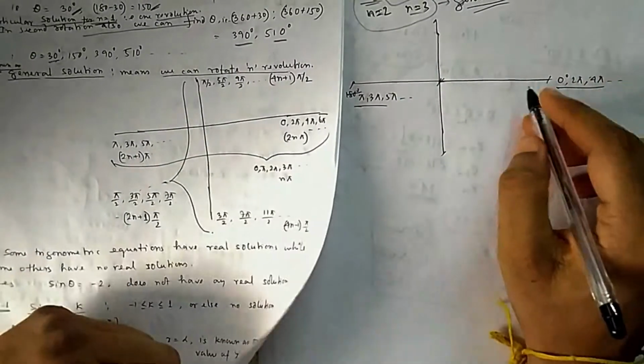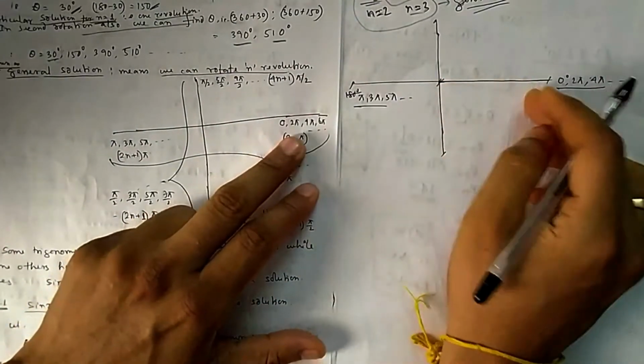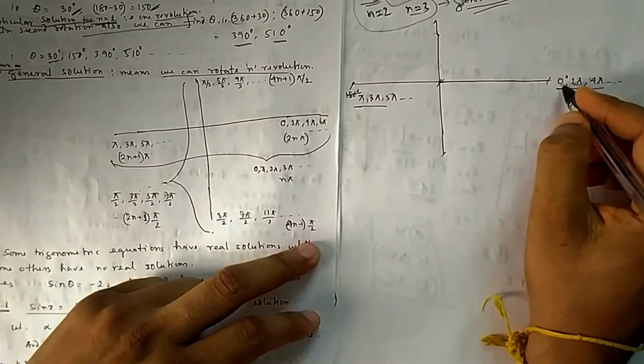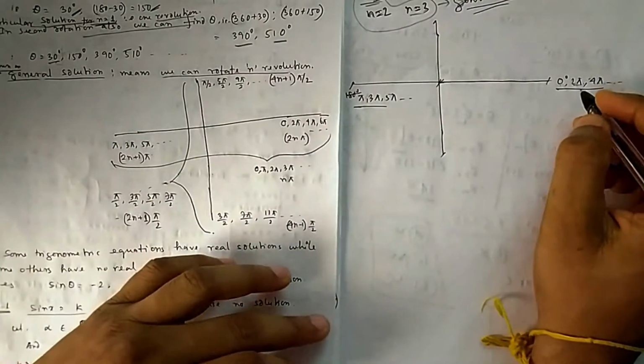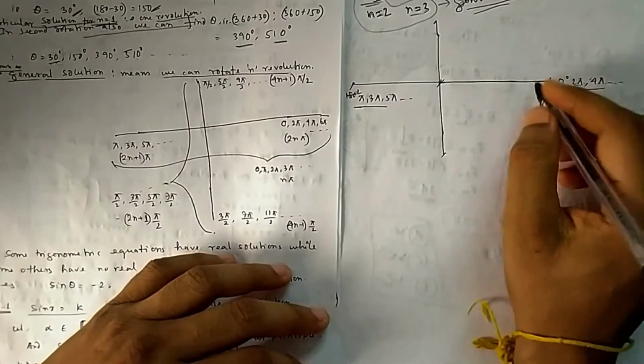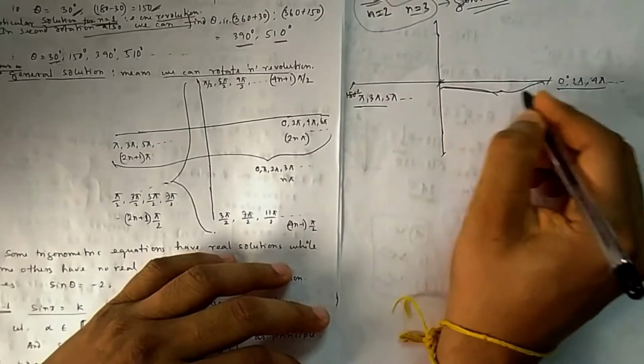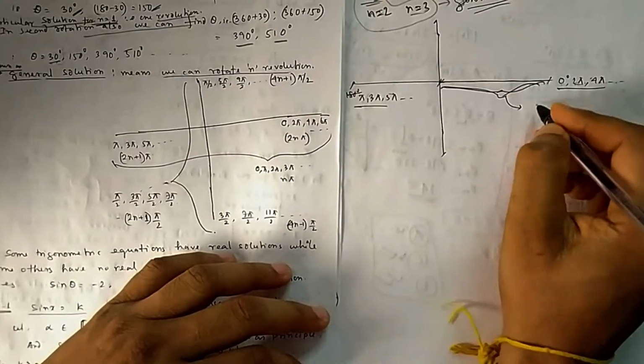Now if I want to name this one generally, because only even multiples of pi are coming, even 0 is also an even multiple, n equal to 0 will give you that. So what will be the general values? If someone wants to write it in general in terms of n, what can I write? I can write 2n pi.